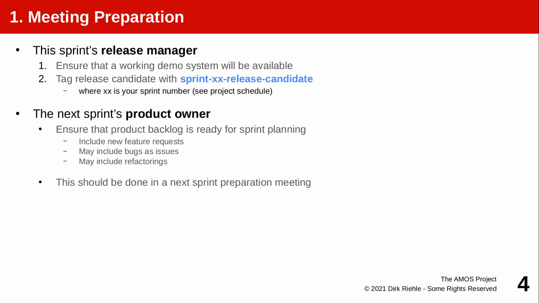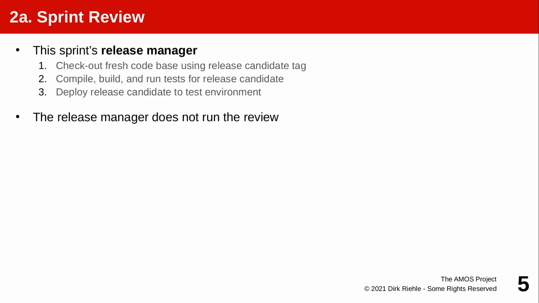So the product owner makes sure that in the product backlog there are enough new features, possibly also bug reports to fix, may also include refactorings, but always of sufficient quality, if there's a chance that they will actually be picked up for work, so that they can be turned into software. And the product owner does that before the team meeting, in a meeting usually called the sprint preparation meeting. With that, we are ready to start the team meeting.